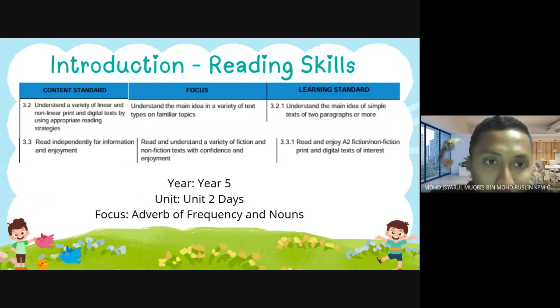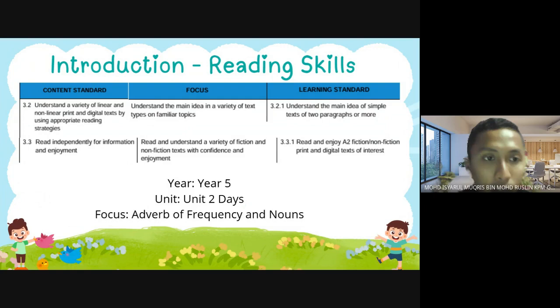So we have reading skills here, and the content standard focus and learning standard. 3.2 is to understand a variety of linear and non-linear print and digital texts by using appropriate reading strategies.